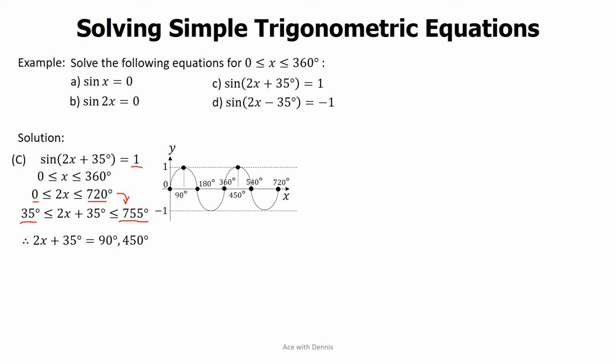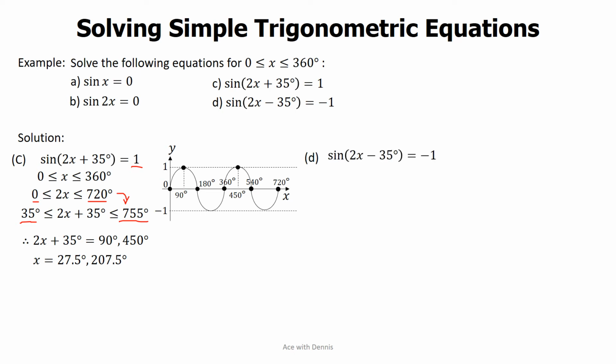So now 2x plus 35 degrees equals 90 degrees and 450 degrees. Then we make x the subject. It will be x equals 27.5 degrees or 207.5 degrees. So this is the answer for C.